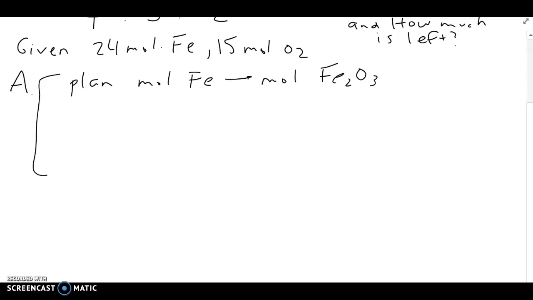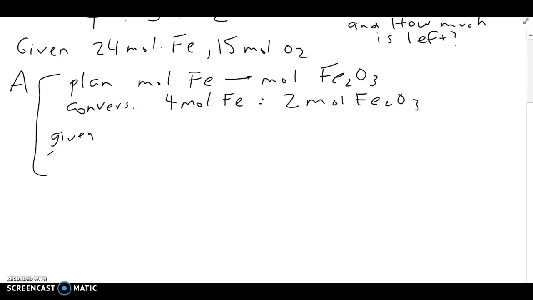And therefore our conversion is going to be 4 moles of iron equals 2 moles of Fe2O3.